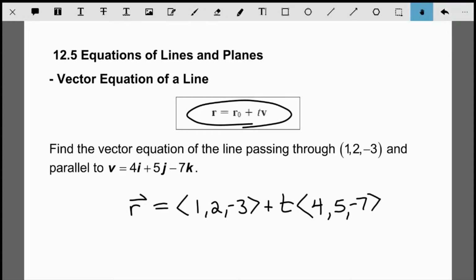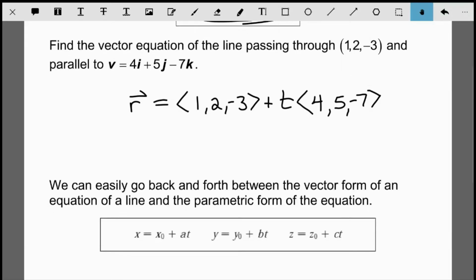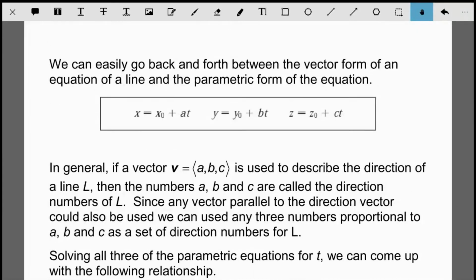Okay, so pretty straightforward. You've got a point and you've got a slope. Whatever I change for that parameter t is going to take me to a different point along that line. We can also go back and forth between the vector equation of the line and a parametric form of the equation. This is where all that stuff we did on parametric equations starts to come into play, because we can break this apart into an x, a y, and a z component and look at those individually.